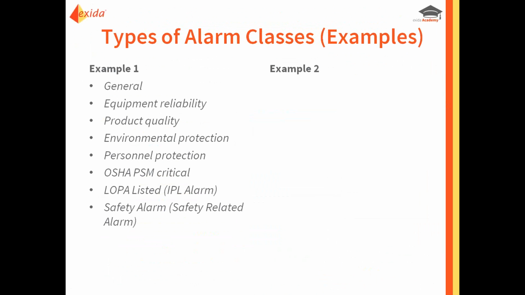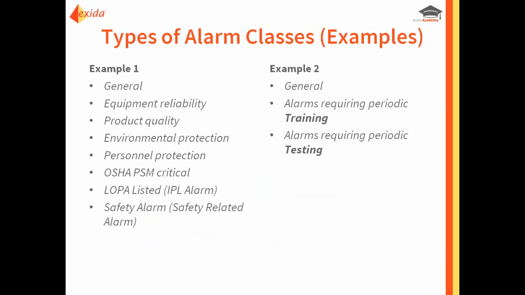Then there are a couple of safety type classes: personnel protection, OSHA PSM critical, LOPA listed, an IPL alarm, essentially an alarm that's identified in a layer of protection analysis and is used as an independent protection layer, and then a safety alarm. We'll talk more about those last two specific classifications, and we'll do a lot of examples in this webinar about LOPA listed alarms. So that's the first approach.